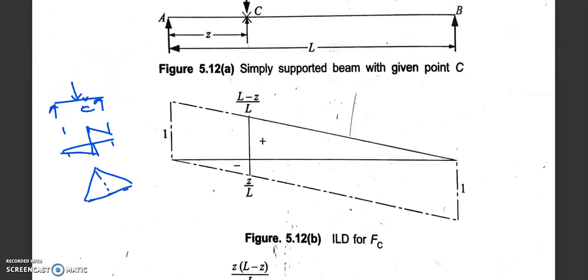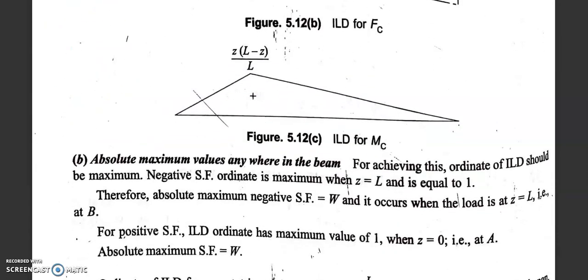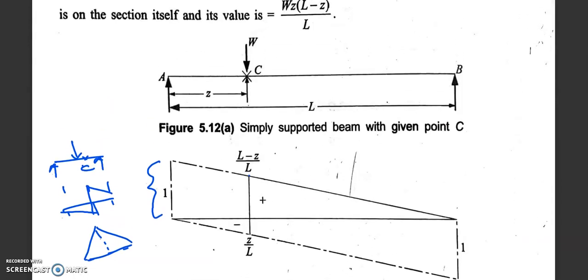So here we can see that for the absolute value to be maximum, the positive value becomes 1 when Z equal to 0. That is, absolute maximum negative shear force occurs when load is at Z equal to L, that is at B. The same way positive shear force occurs when Z equal to 0, that is at A.